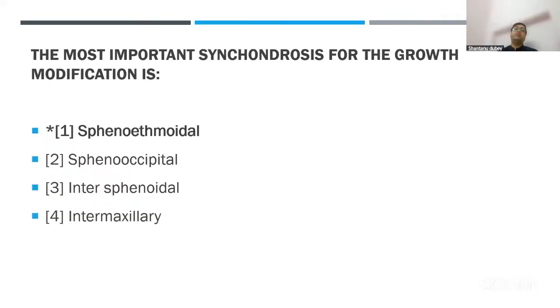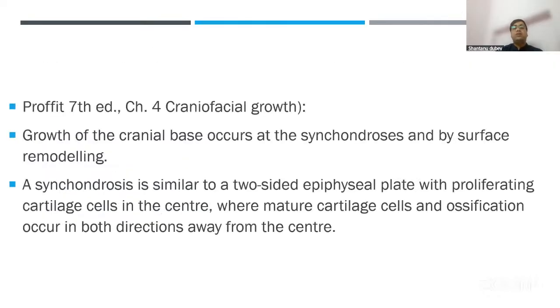Most important synchondrosis of growth modification is, okay, again, very commonly asked: spheno-ethmoidal, spheno-occipital, intersphenoidal, intermaxillary. So what are synchondroses? I want you to remember what synchondroses are. Growth of the cranial base occurs at synchondroses by surface remodeling.